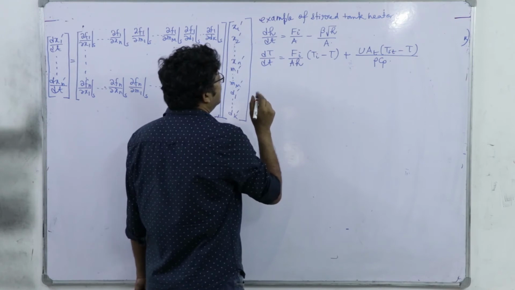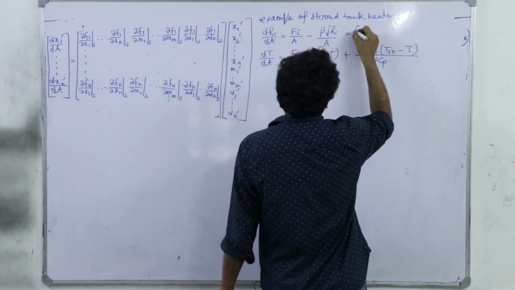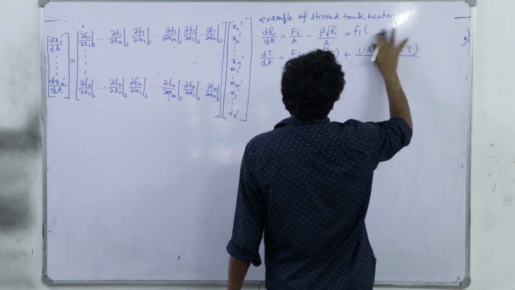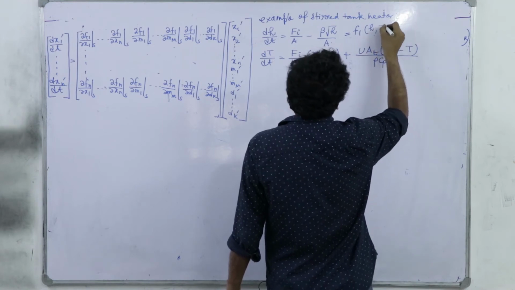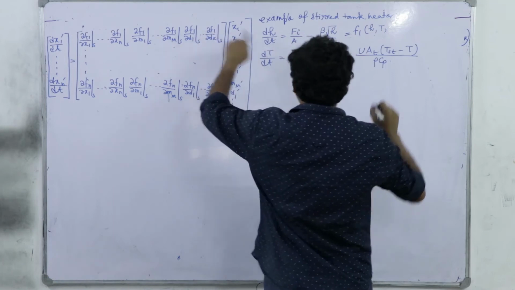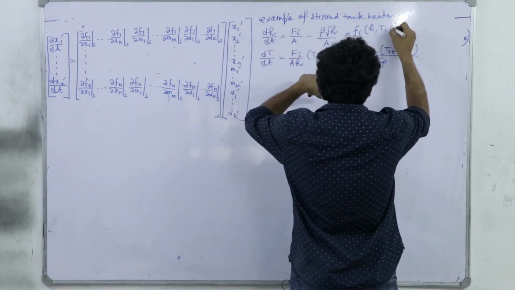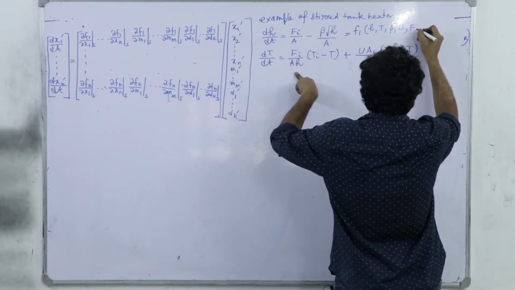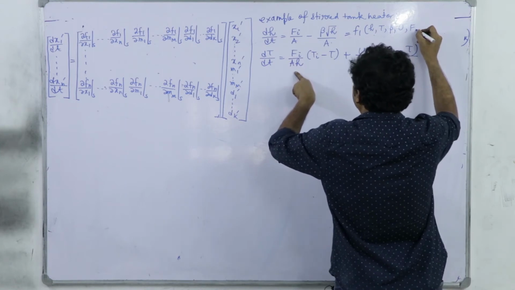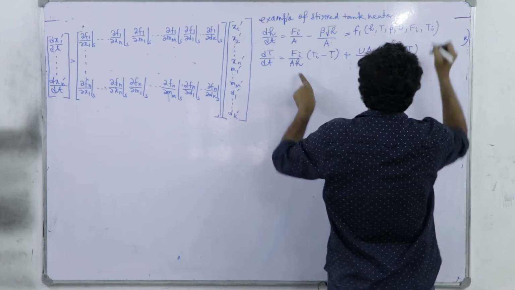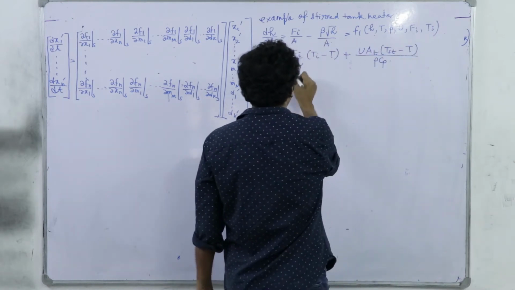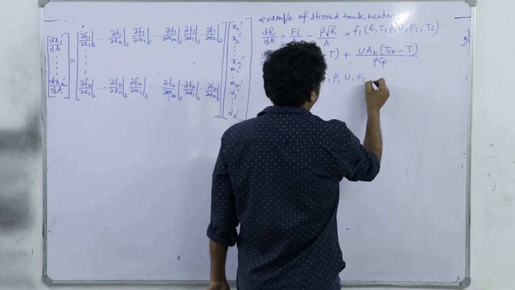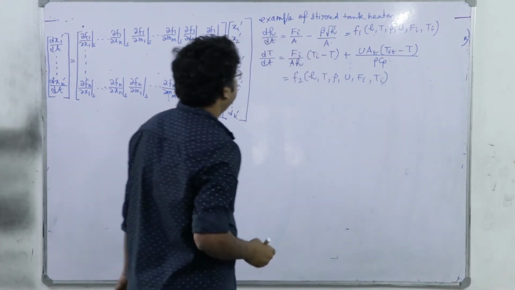So if I go for this, this is basically f1 of the states x1 to xn, that is H and T. Then the manipulated variables are beta and U, and the disturbances are Fi and Ti, and this entirely is f2 of H, T, beta, U, Fi, Ti, right.